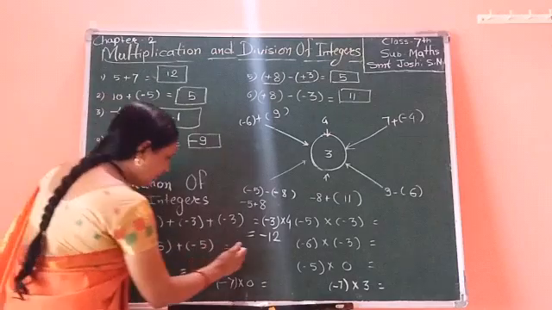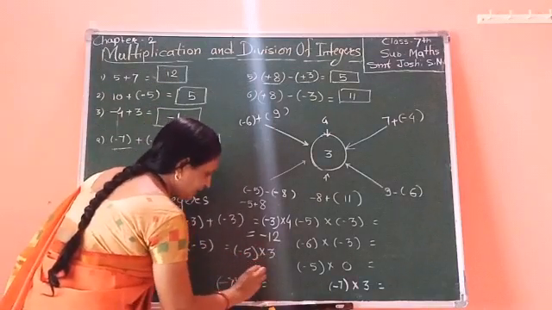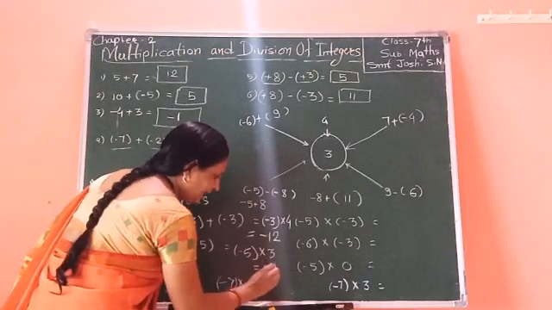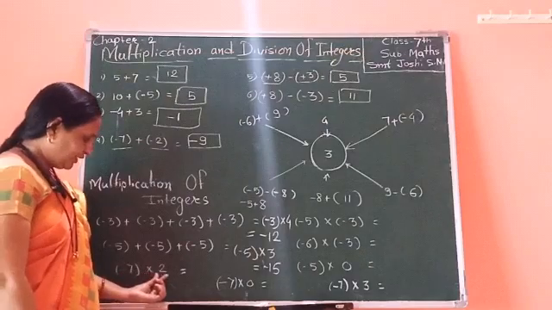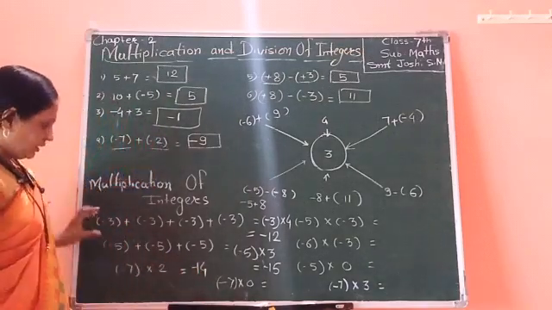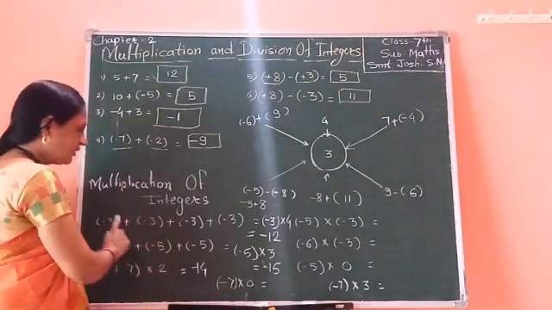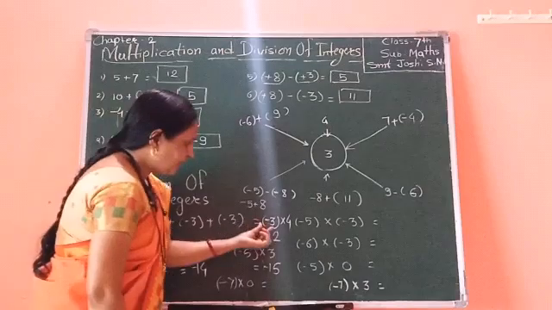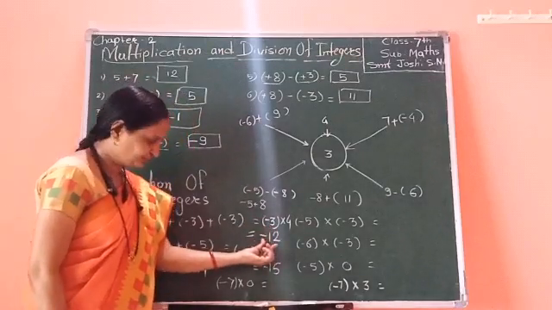In this example, negative 5 into 3, the answer is negative 15. Negative 7 into 2, answer is negative 14. Observe this example, students. When one number is negative, the answer is negative.